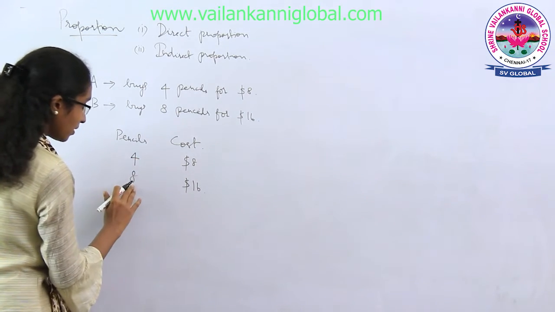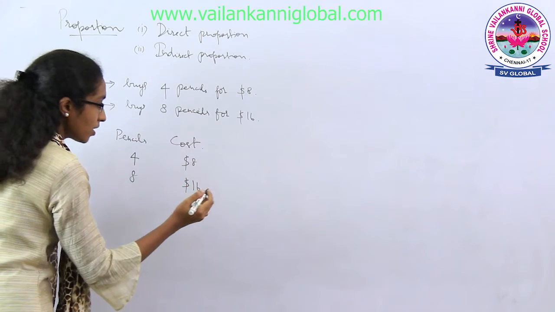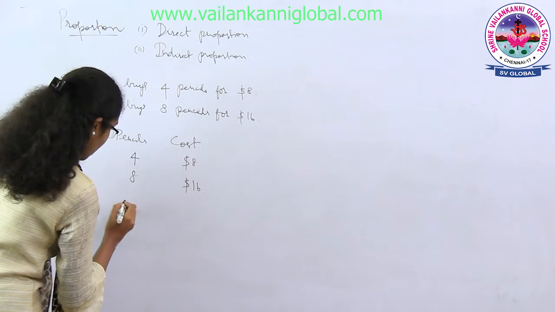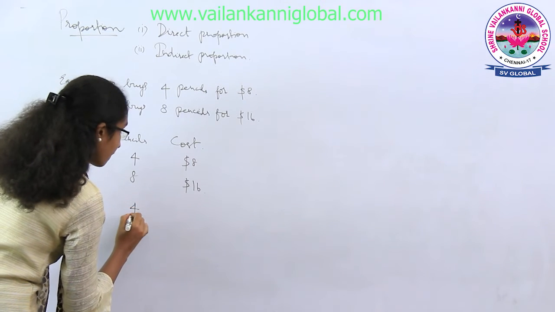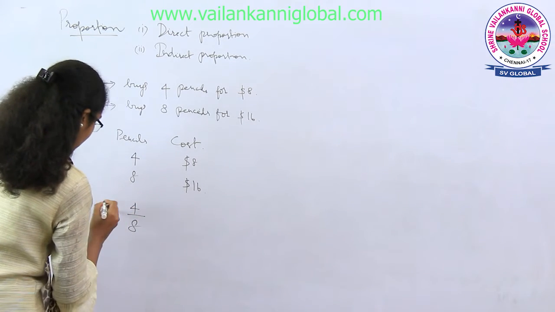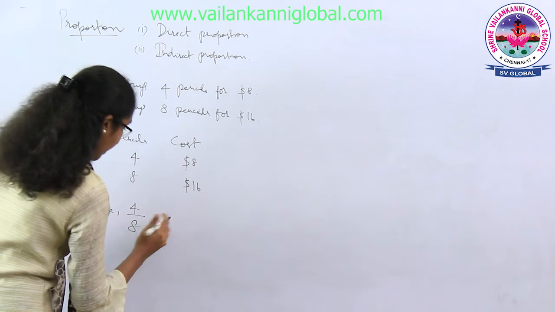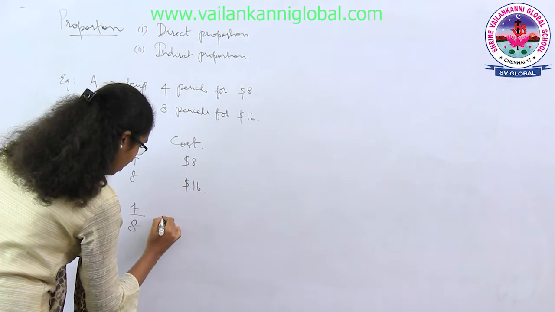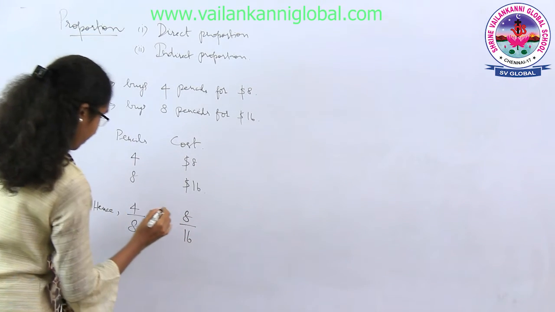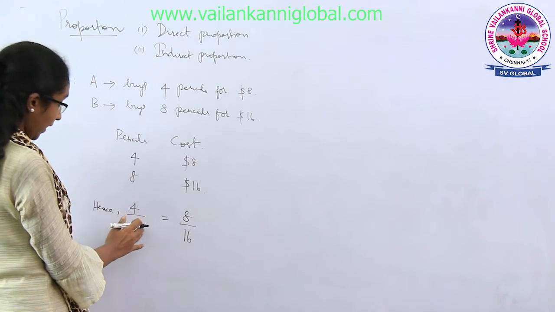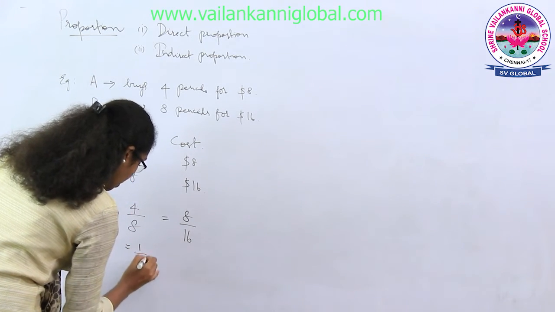So to find out whether they are in proportion or not, we go for the cross multiplication method. Hence, 4 divided by 8, that is equal to 8 divided by 16. So 4 divided by 8 can be simplified to 1 divided by 2.